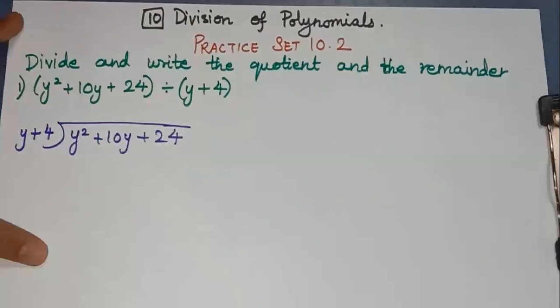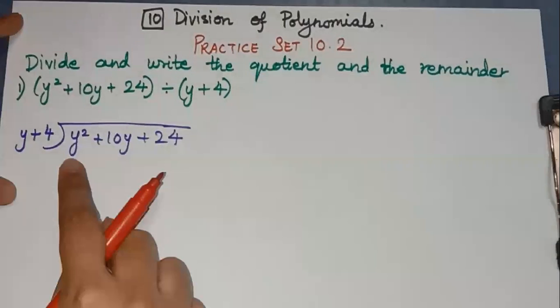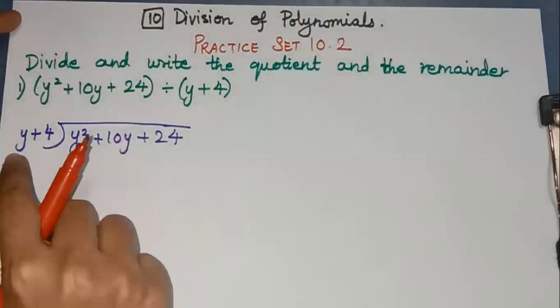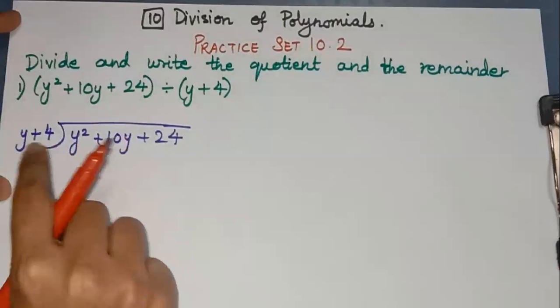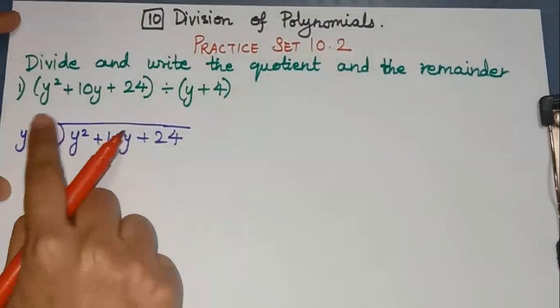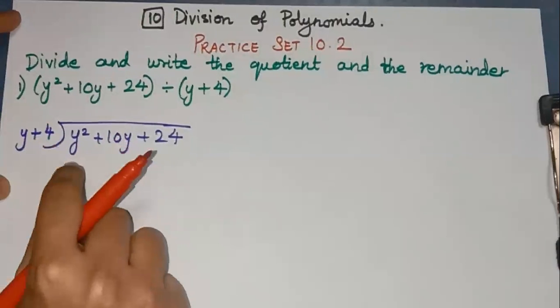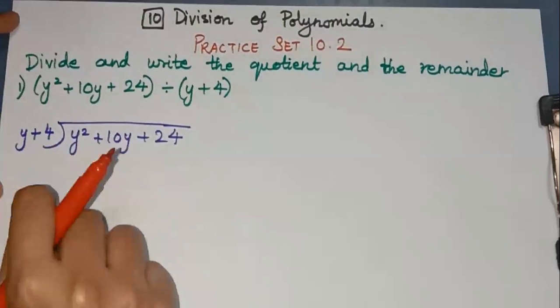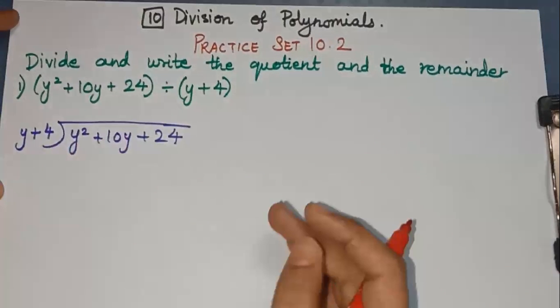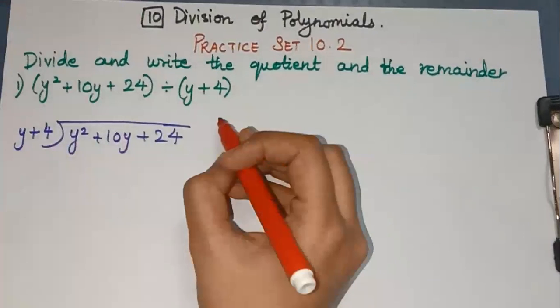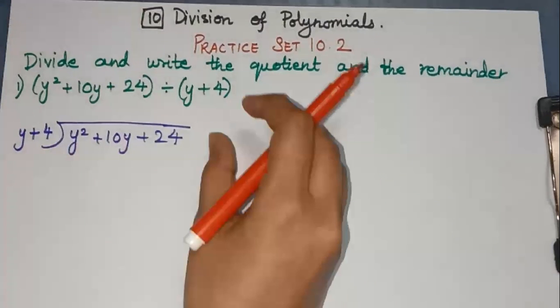Now in order to find out how we will get y square, we will have to consider this divisor. We will have to multiply the divisor with some number, or it might be some variable, so that we get y square. Whatever I am going to write down with the red pen now, you are going to do that in your working column.